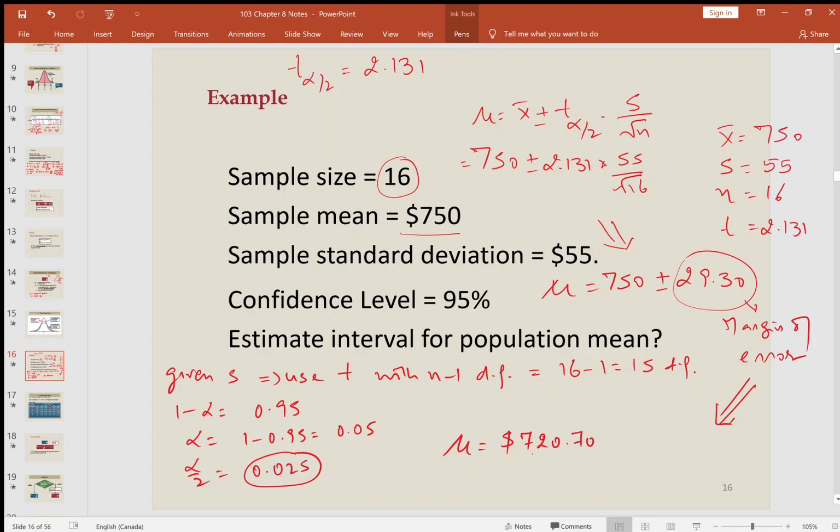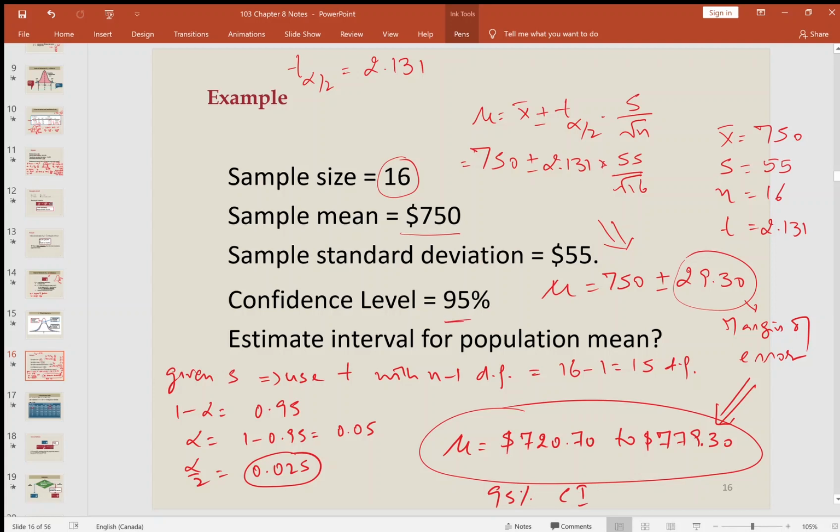So mu is equal to $720.70. If I add 750 with 29.30, that comes to $779.30. Okay, and so this is called the 95% confidence interval because that's the confidence level that we used.